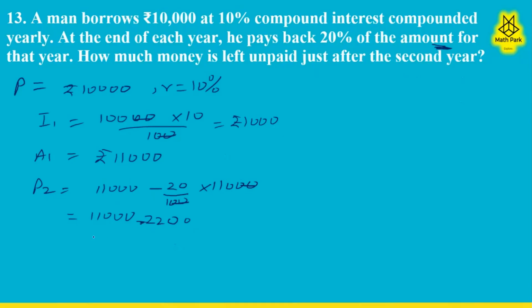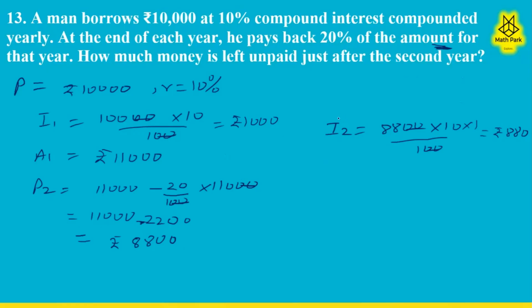So, 11,000 minus 2,200, which we get as 8,800 rupees. 8,800 becomes the principal for the second year. Now, let us find the interest for the second year. So, which is 8,800 into 10 into 1 upon 100. So, which we get as rupees 880.